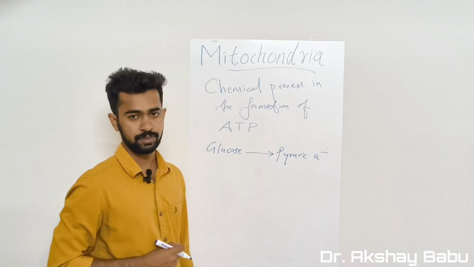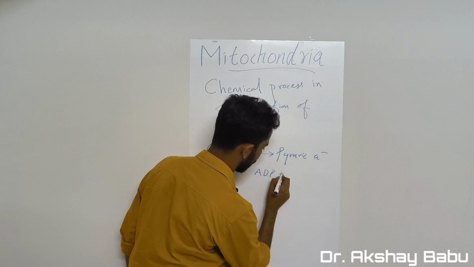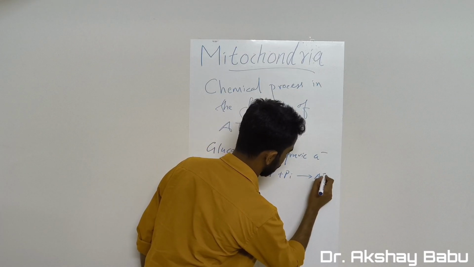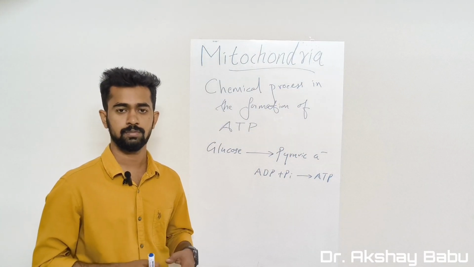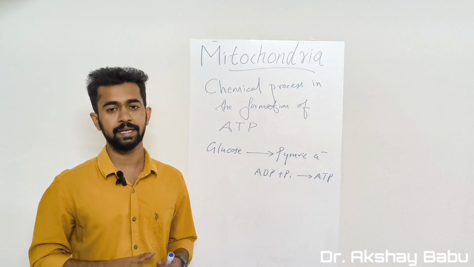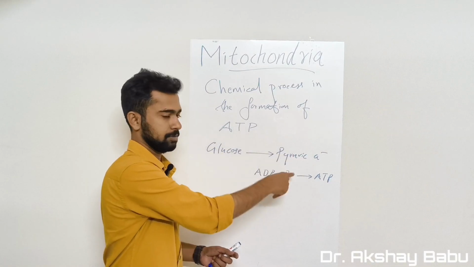At this particular point of time, ADP will combine with inorganic phosphate and form an ATP molecule. So I told you about 5% of the cell's ATP is produced in the cytoplasm during this reaction.